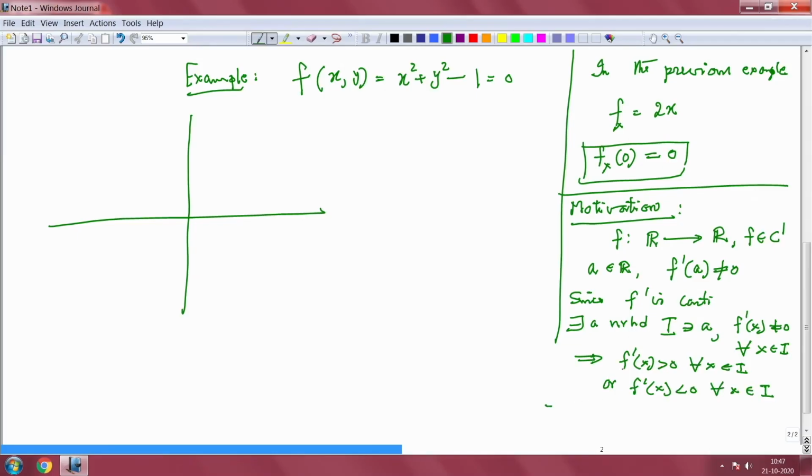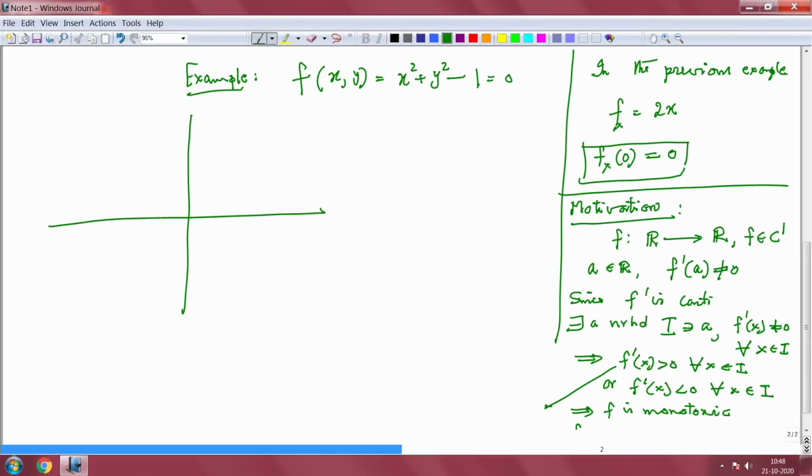That immediately tells you that f is monotonic, that is the meaning. Either f prime is positive or f prime is negative, and in that case f is increasing or decreasing.